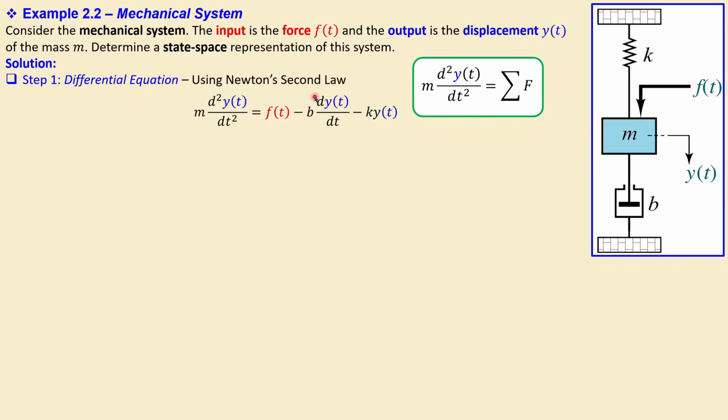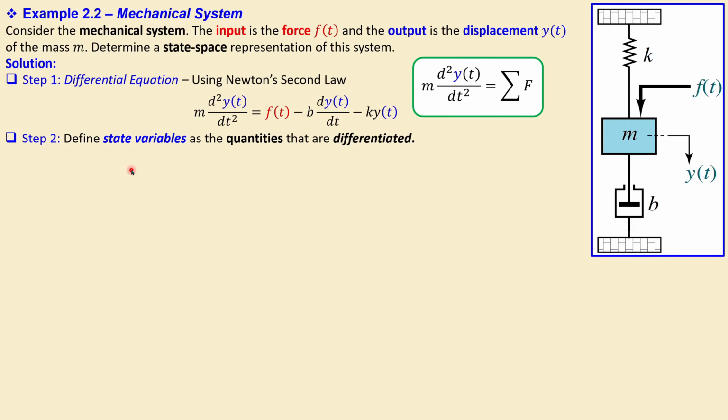So we have the minus b times the first derivative of that position, so that's actually the speed, or the velocity, I must say, minus the k times the displacement. So those are the force equations for the damper and for the spring. Now we have done step 1.